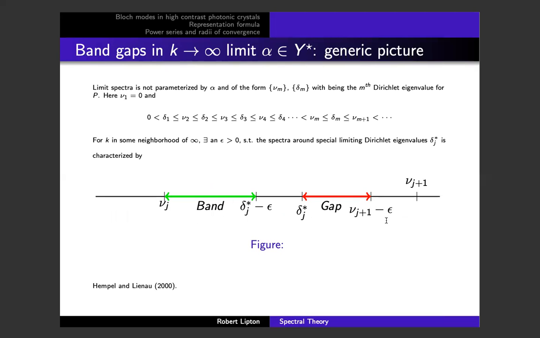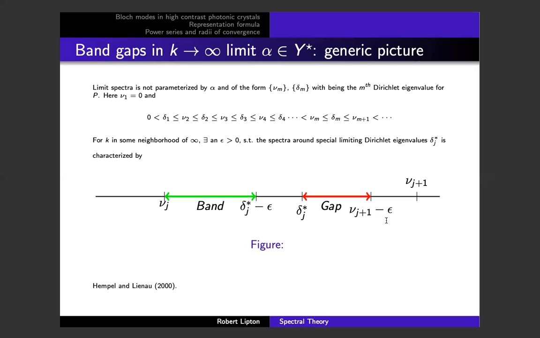This was sorted out by Hempel and Lienau using some very nice convergence results for quadratic forms, as well as the min-max formulation for eigenvalues, and a very simple mechanism. What they find is that as the dielectric permittivity of the connected phase goes to infinity, we get a limit.